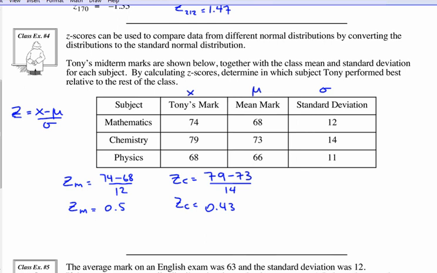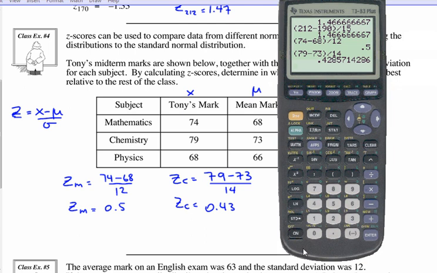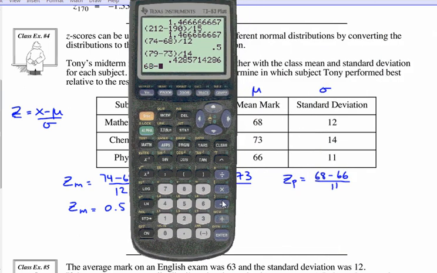So in both of these, he is above class average. And in physics, his mark is 68 minus the mean in the class, 66, over the standard deviation of 11. So if I do it in two parts as well, 0.18.